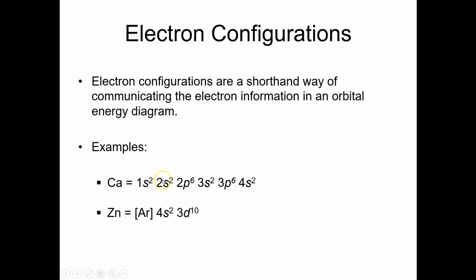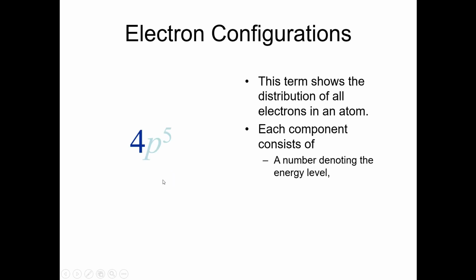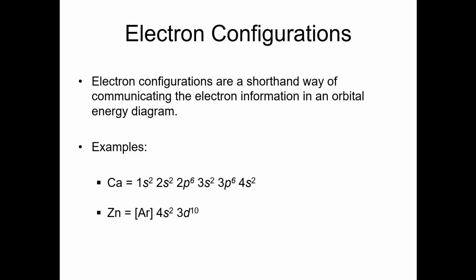For example, the electron configuration notation for calcium, for some reason this is a timed slide that keeps flipping to the next slide, is 1s2, 2s2, 2p6, 3s2, 3p6, 4s2. And for zinc, and we'll talk about something in a second called the noble gas shorthand, we could simply write zinc as argon in brackets, 4s2, 3d10.